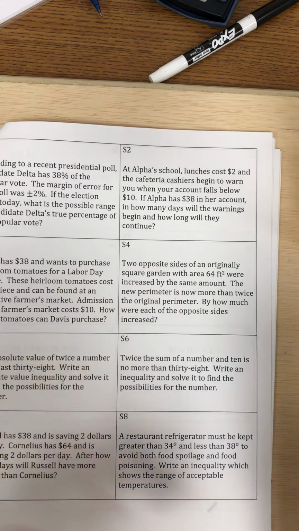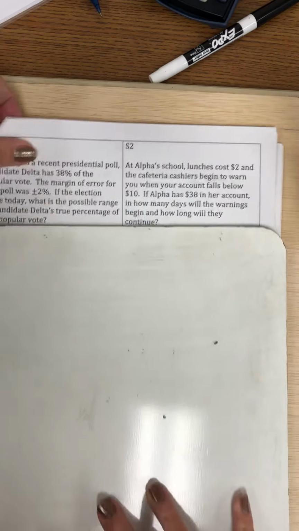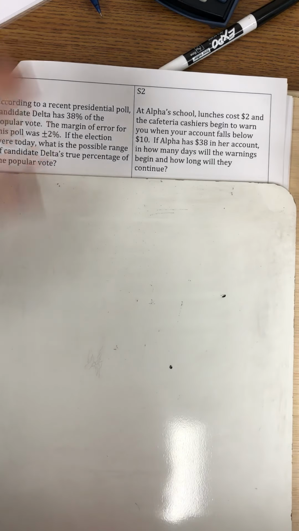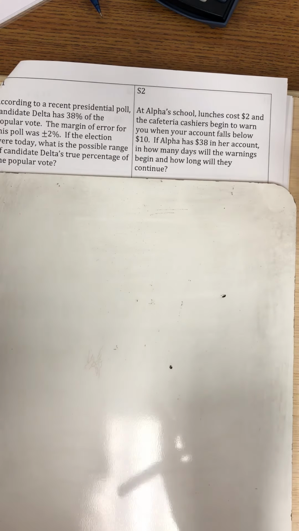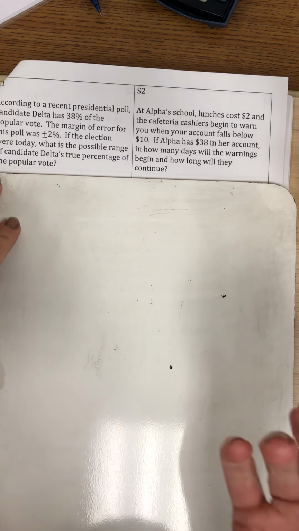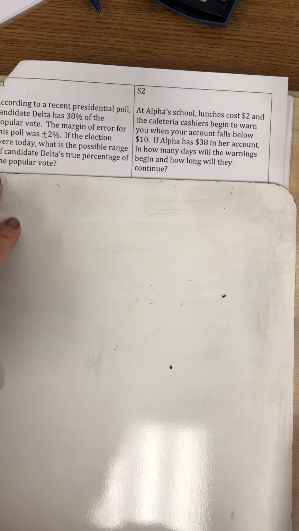All right, so I'm going to do some work on a whiteboard. At Alpha's school, lunches cost $2. That means every day she's spending $2. So she is spending 2 times X, where X is the number of days. She's spending 2X on lunches.